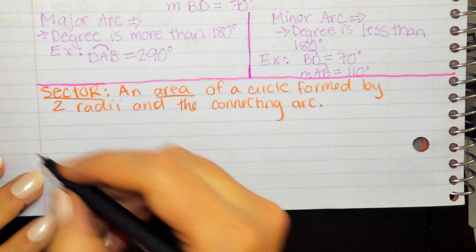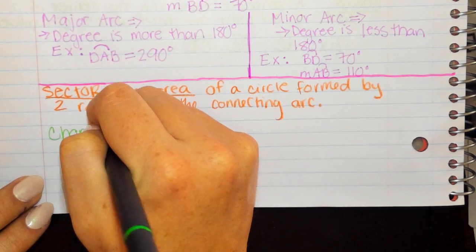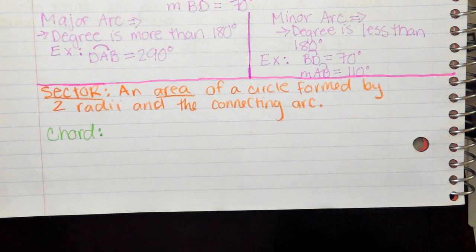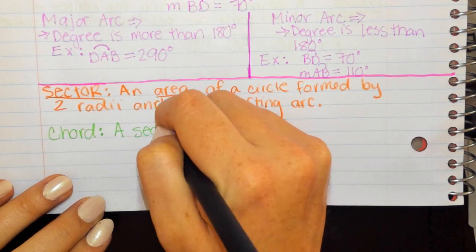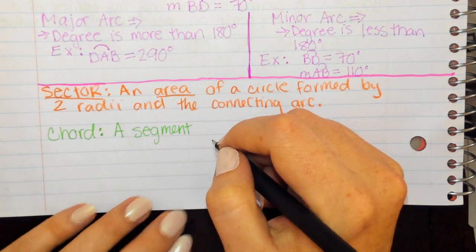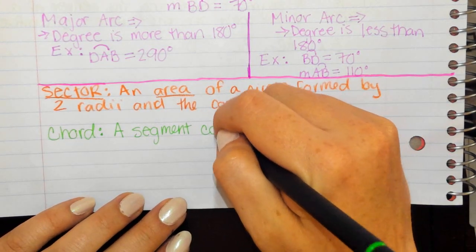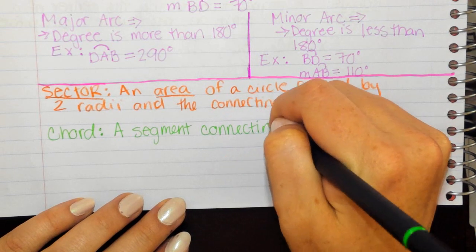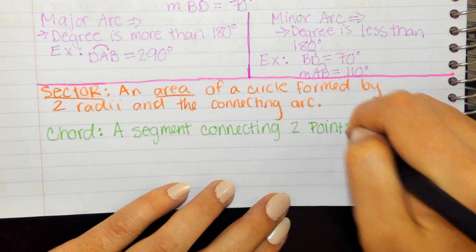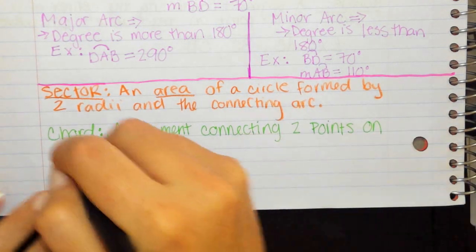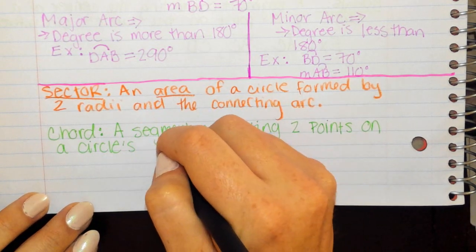And then our last term, yay, we still have room, is chord. It's spelled like chord, but it's pronounced chord. So this is a segment connecting two points on a circle's circumference.